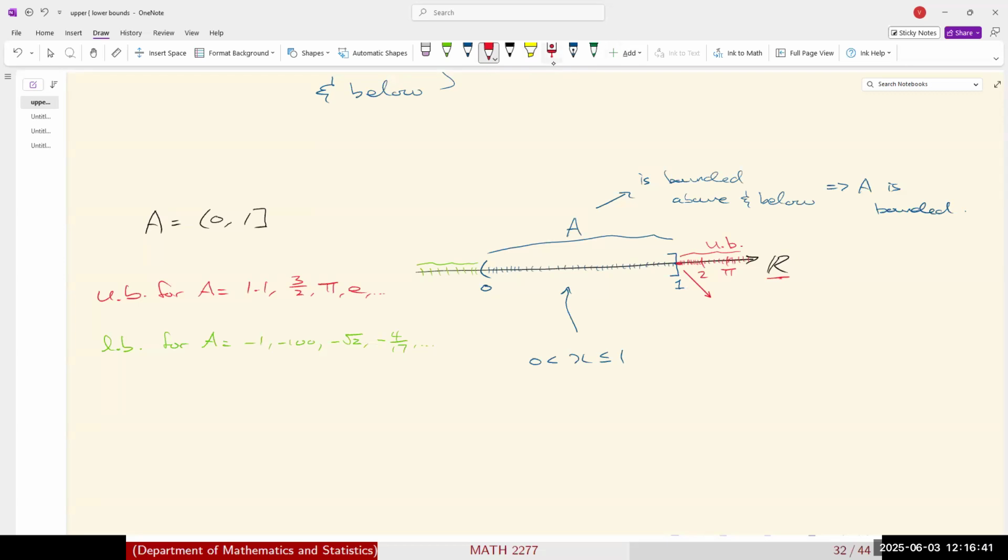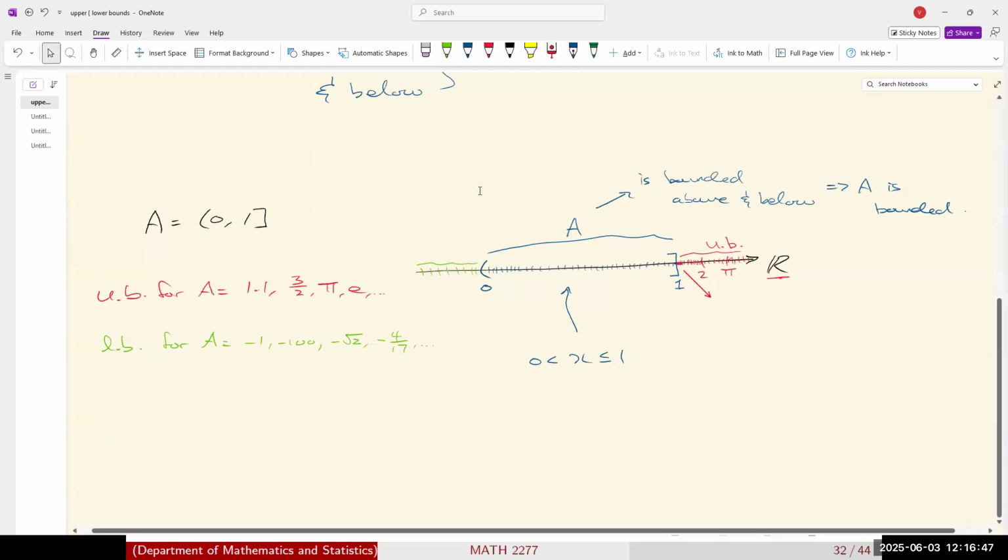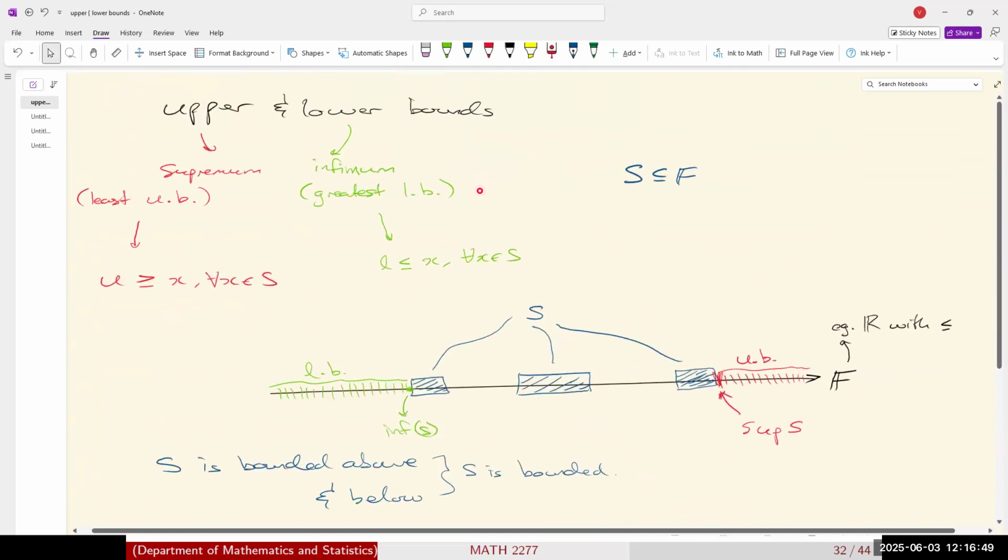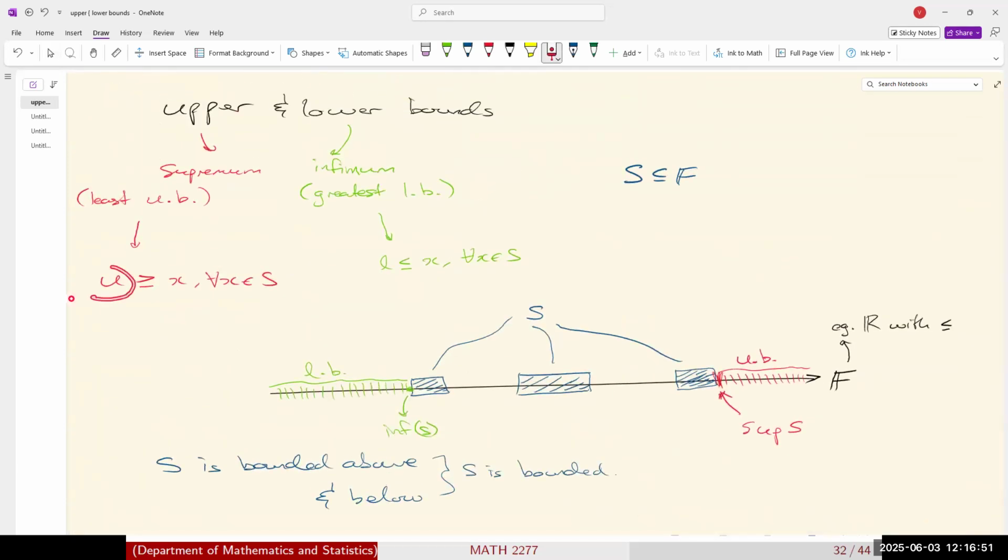I know you're seeing that the set has x less than or equal to 1, but remember the definition for an upper bound. Let me go back to it. You're looking for elements or numbers that are bigger than or equal to every element in that set.